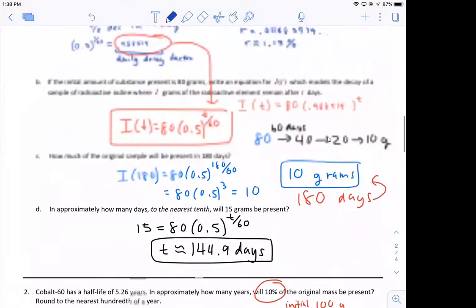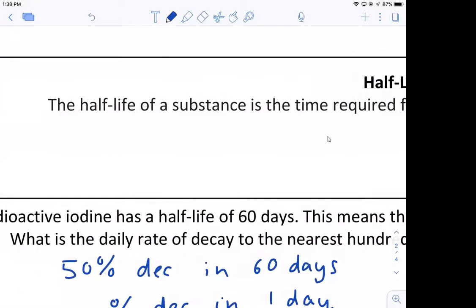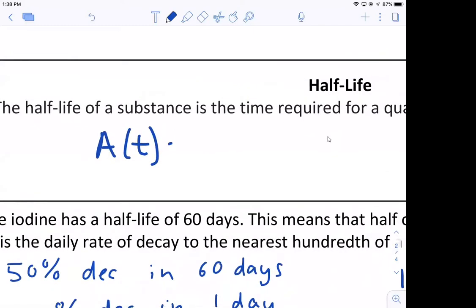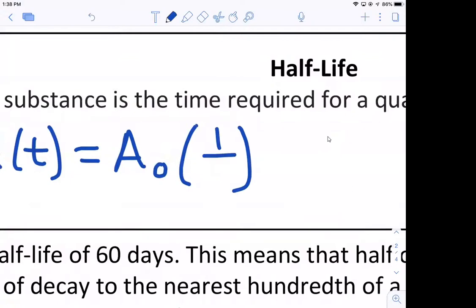So we don't really need a general formula for half-life, but if you want, we can say the final amount of a substance, A of t, is going to equal the original amount. And because we're talking about half-life, this guy in here is always going to be a half.